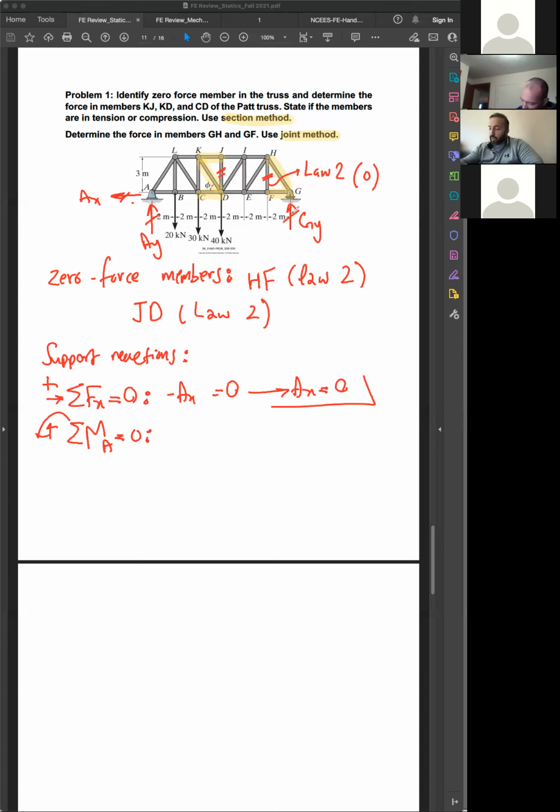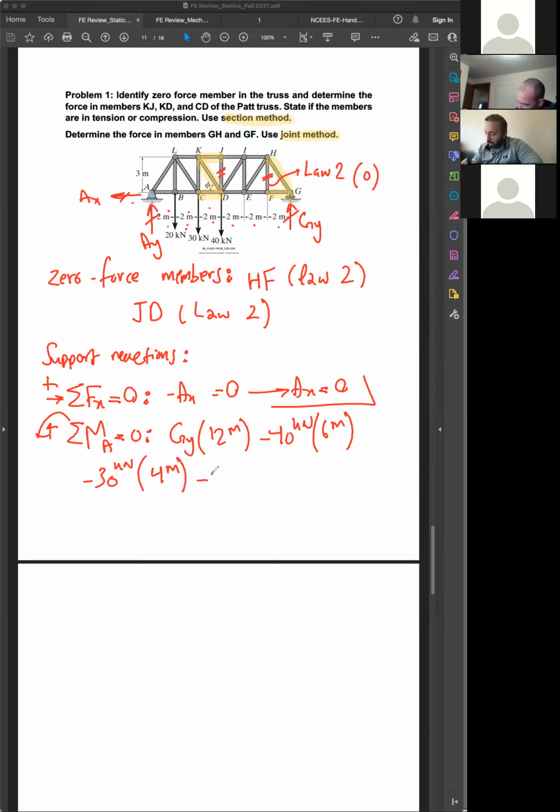Starting from GY itself, as you can see, GY rotates counterclockwise, so positive. The arm for that would be 12 meters. Then you have this 40 clockwise, negative. The arm for that would be 6 meters. Then we have this 30 clockwise again, with an arm of 4 meters.